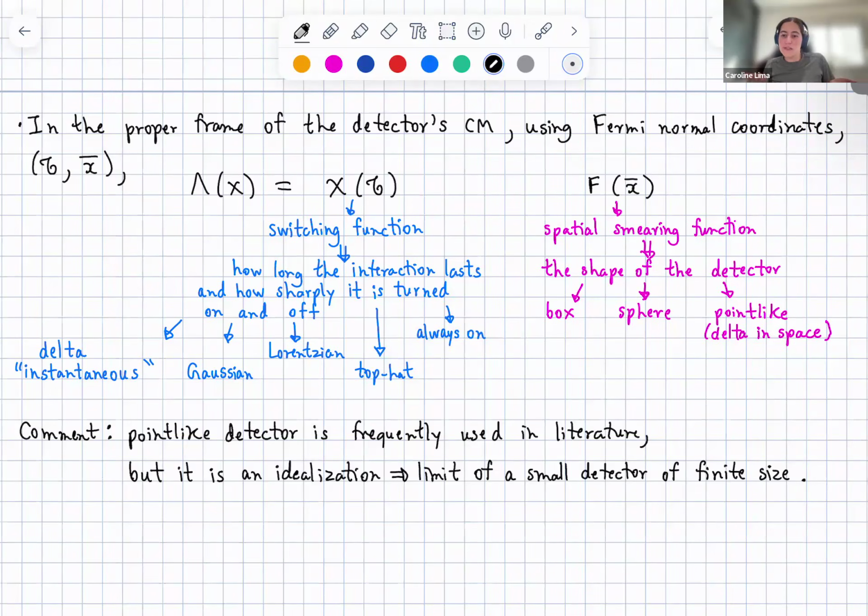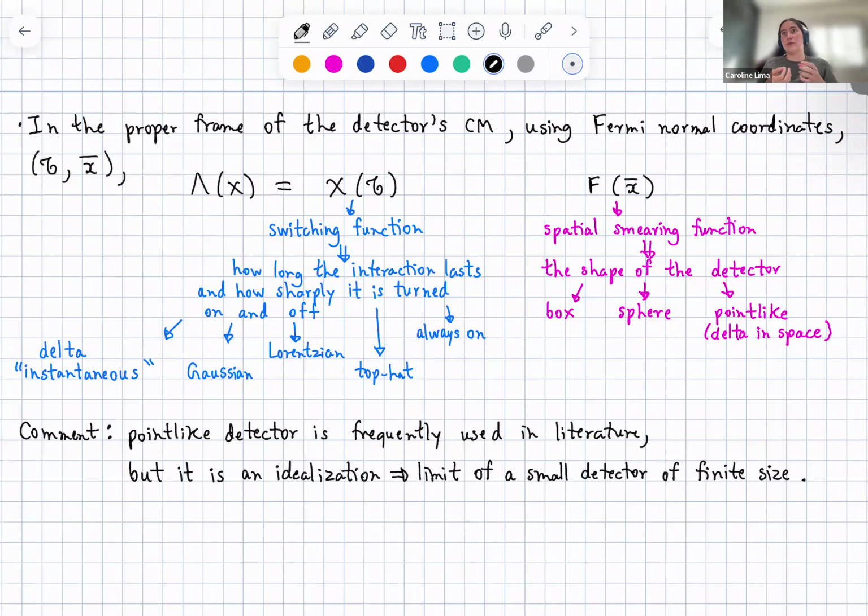I guess the easiest way to think would be exactly in this situation in which there is a splitting, when you are using Fermi normal coordinates, because then it's just the shape of a detector. If I have a sphere, you'd expect that this sphere would be rigid, so it can move through space but still behave as a sphere, right?